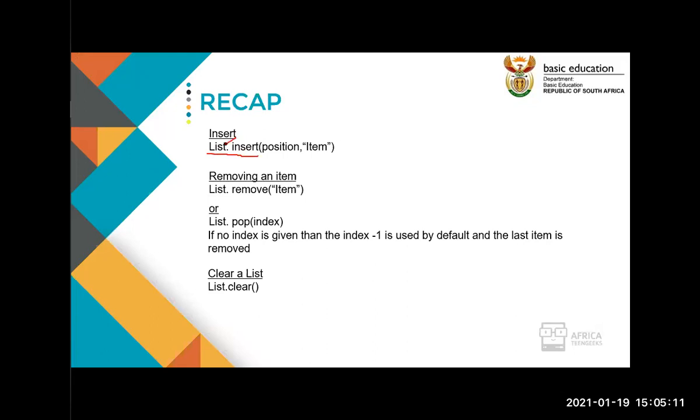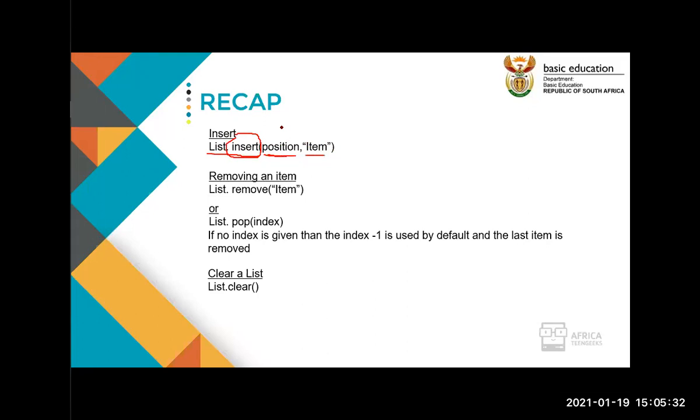The .insert part allows us to insert information. When we use this, we tell it what position we want to enter it in, and then we tell it the item.